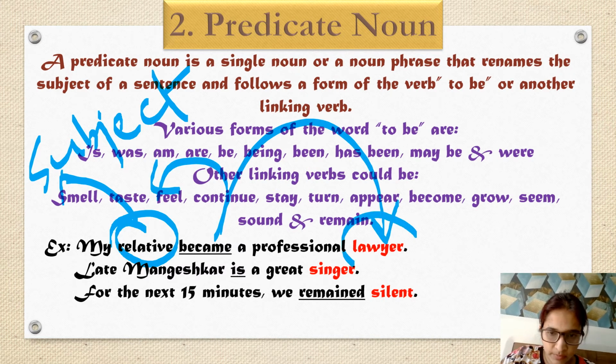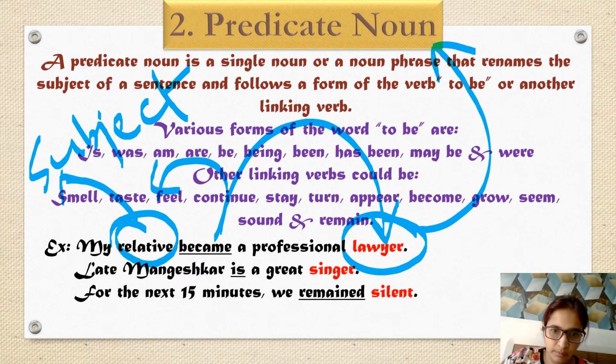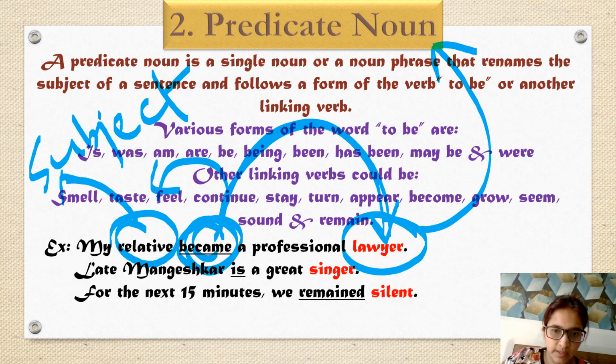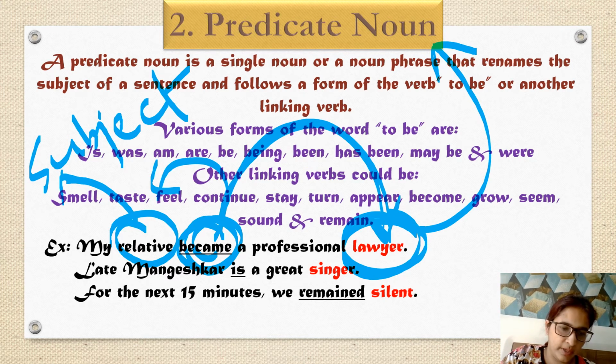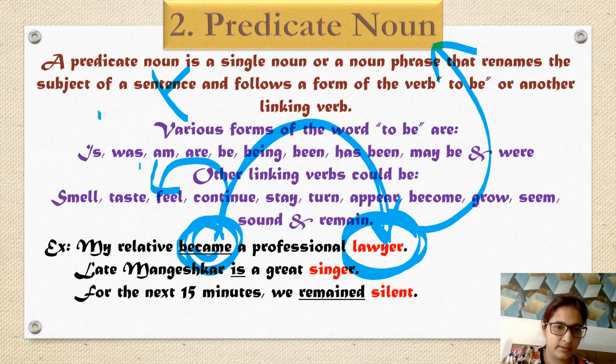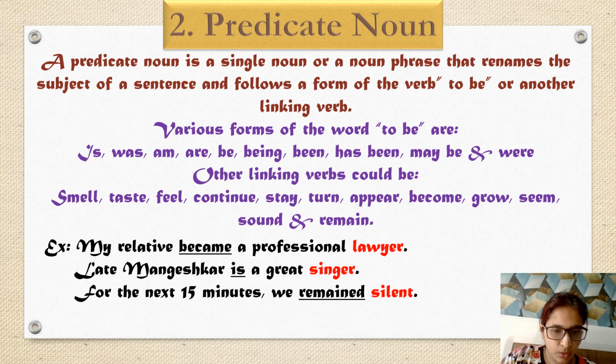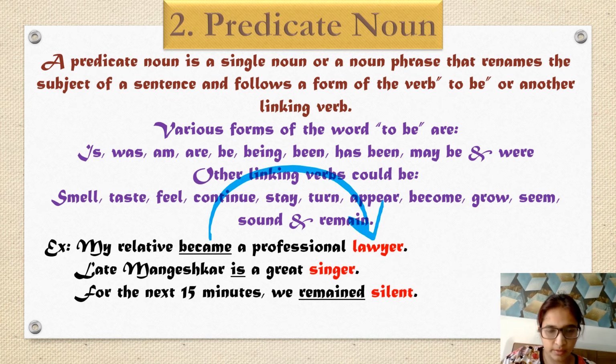So "lawyer" becomes the predicate noun here, because the linking verb is pointing to the lawyer, whereas "relative" remains the subject, the noun being used as a subject. It's very easy if you just see what the verb is linking to. The verb says "became a lawyer," hence "lawyer" becomes the predicate noun.